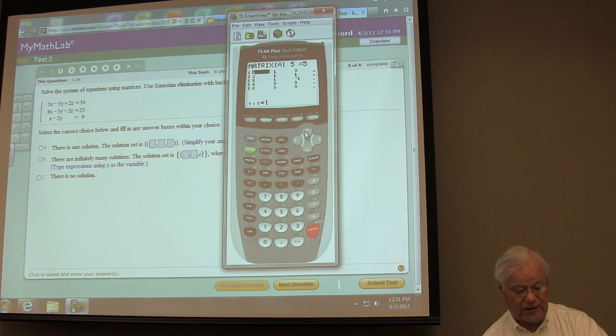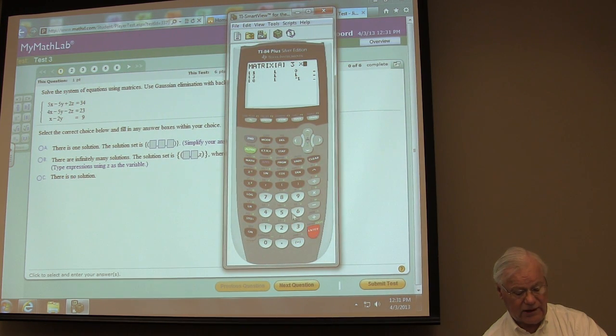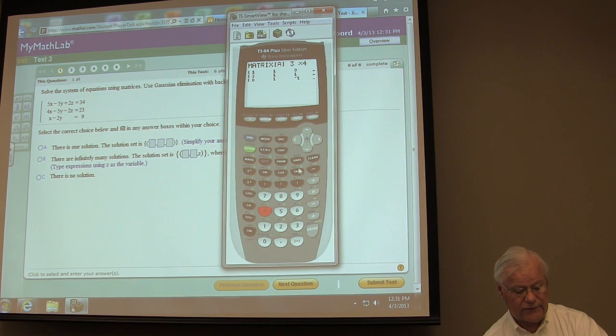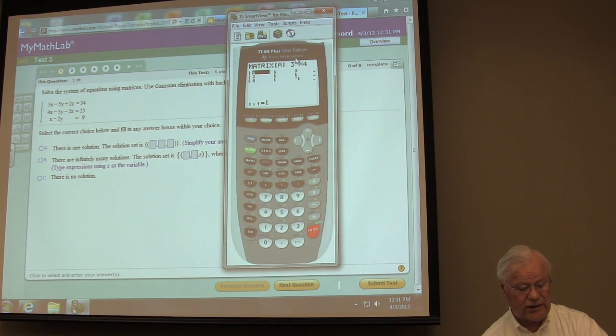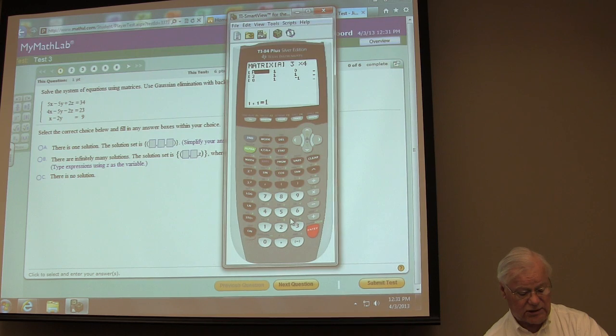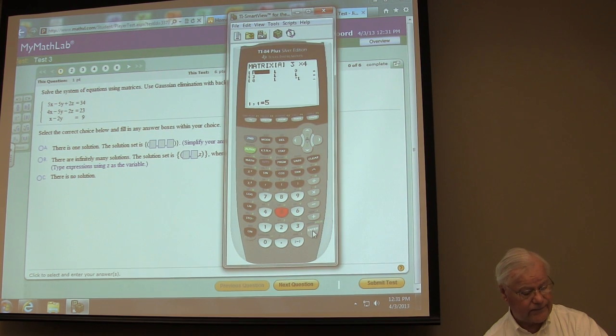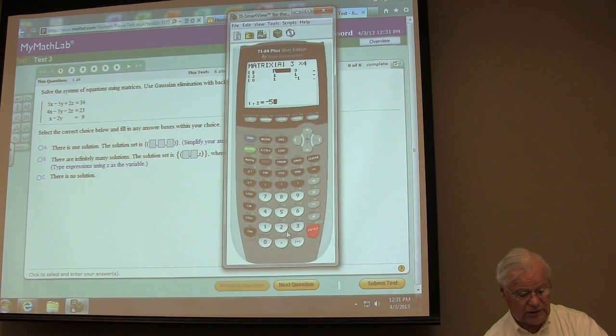So starting back up here, I want to put in a 3 by 4 for the dimensions. And then again, starting to put the values in, I'll have a 5, a negative 5, a 2, and a 34.